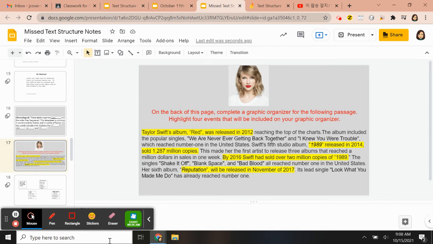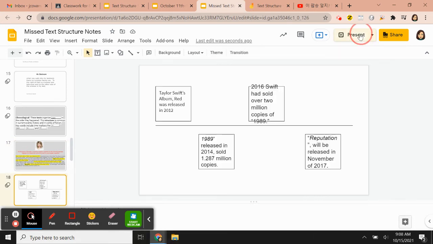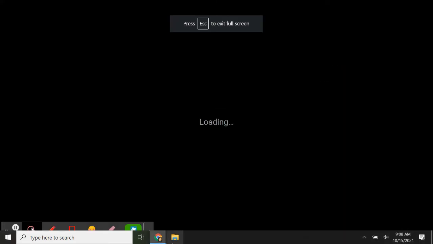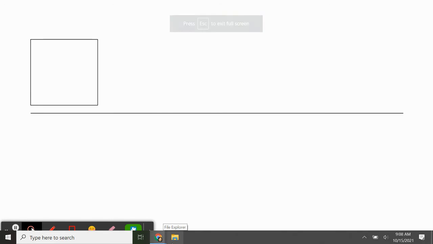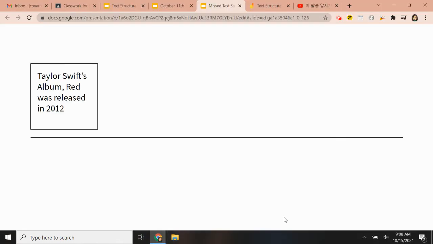I told you guys on Wednesday that each of these text structures is going to have a graphic organizer that goes with it. For chronological, it's going to be a timeline. So if you go to your next slide, we are going to put those 4 dates on this timeline. Your first one will be the very first one that you can copy and paste. Taylor Swift's album Red was released in 2012.